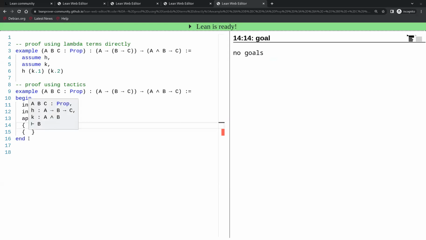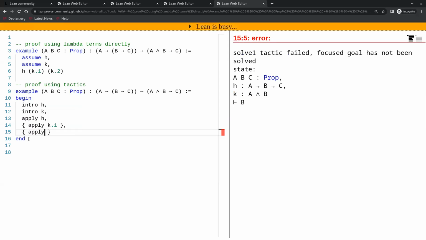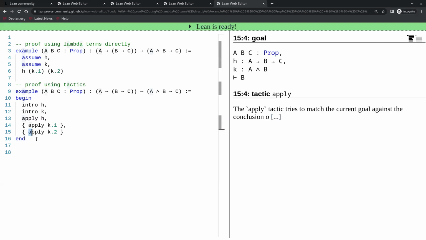When we place our cursor into the second pair of braces, we see the second subgoal that we still have to prove, which is we have to prove B, having again at our disposal hypotheses H and K. And in order to prove B, we will again use K, but this time we will use the second component of K. And then with this tactic apply K.2, we are also solving the second subgoal.